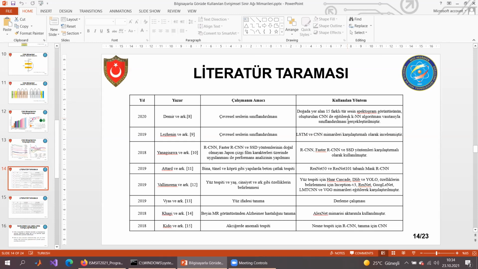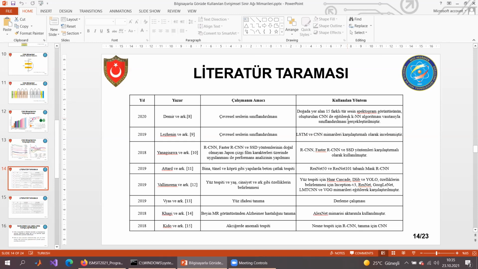Bu maksatla bölge tabanlı evrişimsel sinir ağı RCNN ve Single Shot Detector SSD yöntemleri karşılaştırma olarak denenmiştir. Çalışma sonucunda RCNN'in belirgin kenarları olan nesneleri, Faster RCNN'in belirgin olmayan kenarları olan nesneleri tespit etmede başarılı olduğu, buna karşılık SSD'nin nesne tespiti konusunda oldukça yetersiz kaldığı görülmektedir.